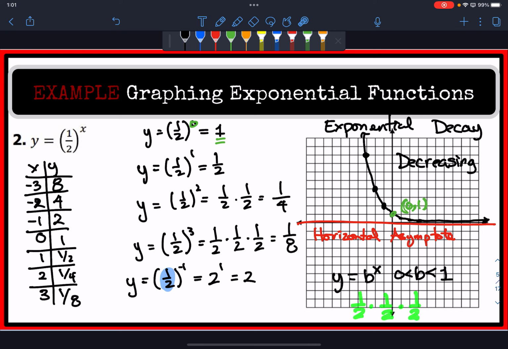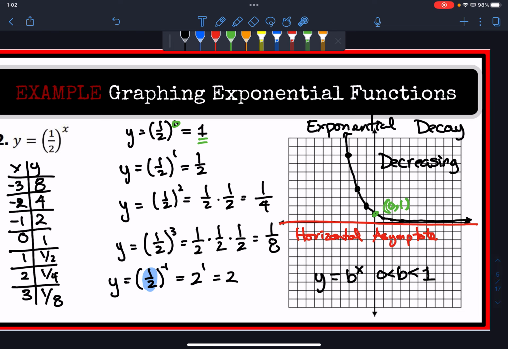Multiply another 1/2, that's an eighth. And multiply by another half, that's going to equal 1/16. So that number is getting smaller and smaller. The more I multiply a half, the smaller the value becomes, and that results in an exponential decay. So that's the difference between having a base that is greater than 1 and having a base that is less than 1, still positive though.